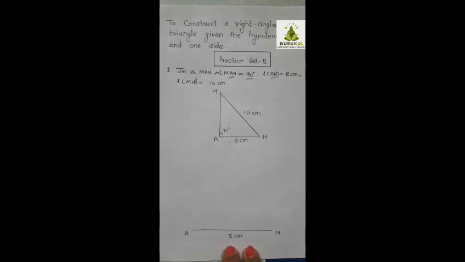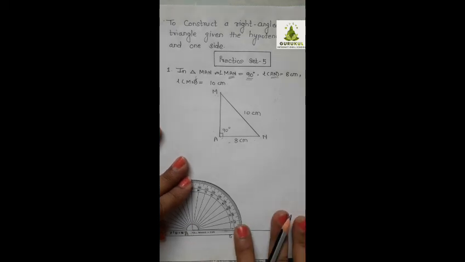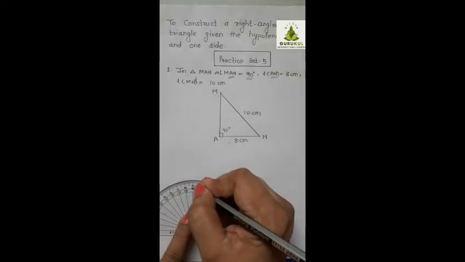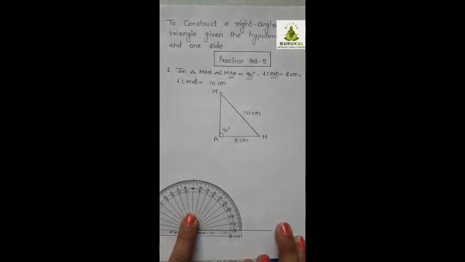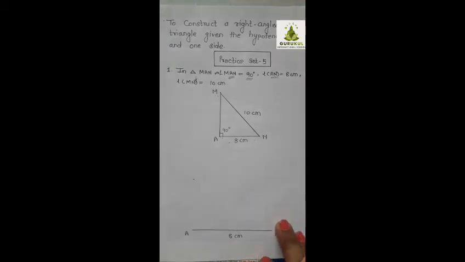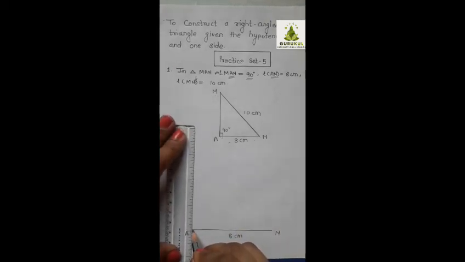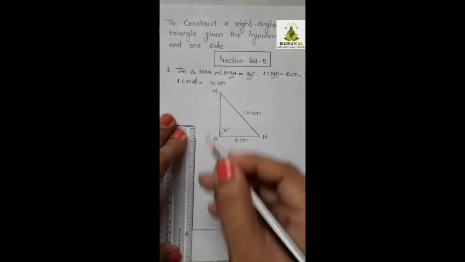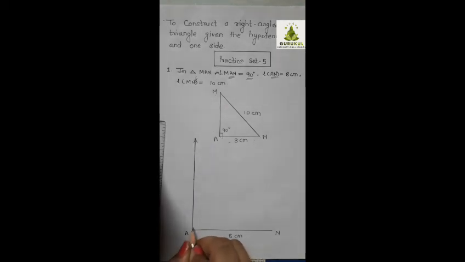Next step, you have to locate right angle, that is angle A. So keep the pointer of the protractor here on vertex point A, and exactly at this position 90 degrees you have to make one dot or point. Remove the protractor and draw one ray joining this 90 degrees point. Okay, now we have already formed 90 degrees angle.